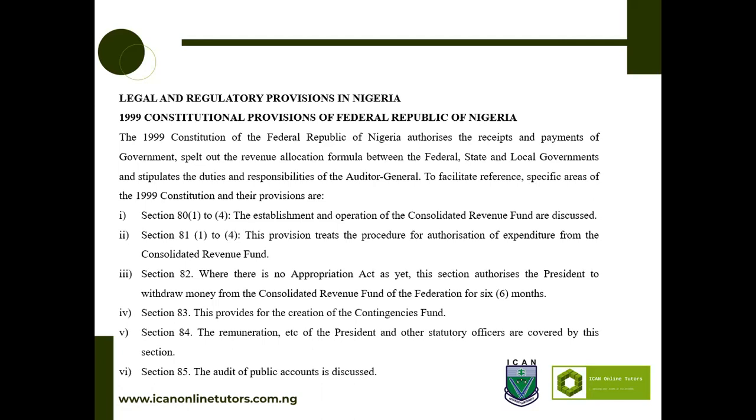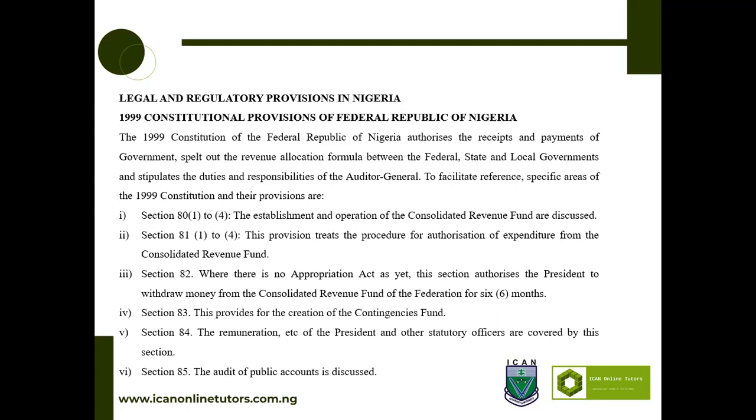Now, the legal and regulatory provisions in Nigeria are contained in the 1999 Constitution of the Federal Republic of Nigeria. Now, what are the regulatory framework or the provisions of public sector accounting in Nigeria?